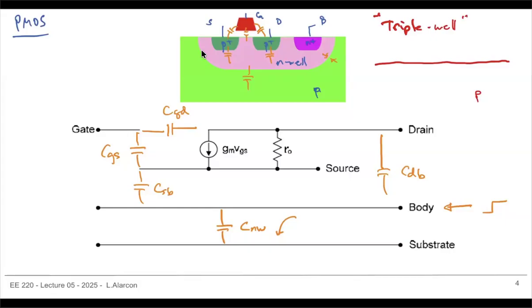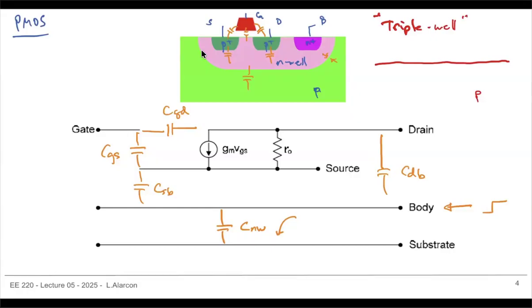Now that's actually a very powerful thing. So people thought, why not build the process such that I can also change the body bias of an NMOS, not for all NMOS, but for individual transistors. And then you get a triple well type thing.